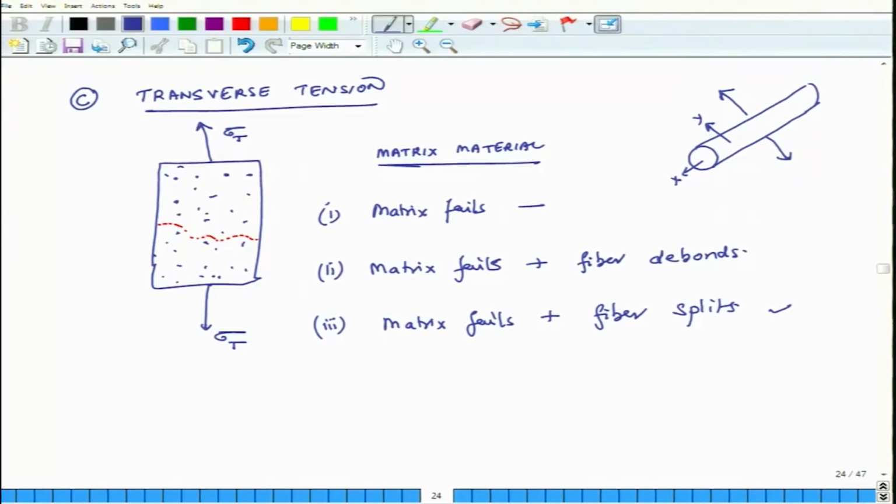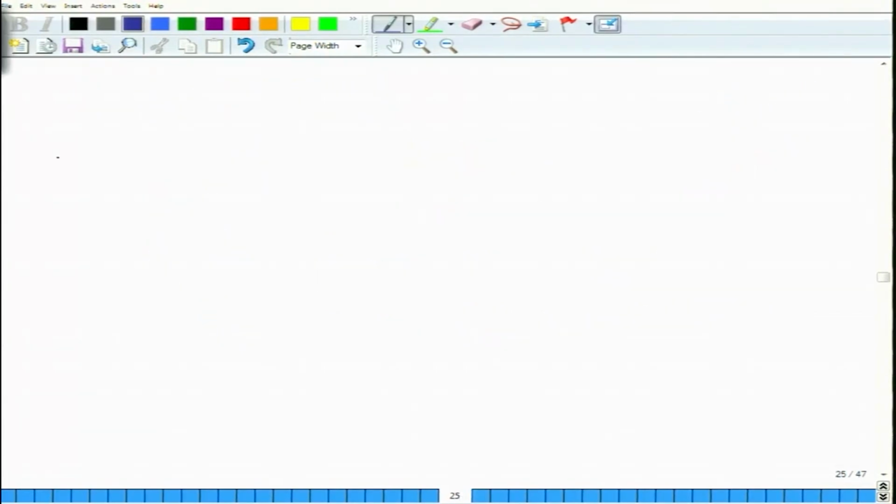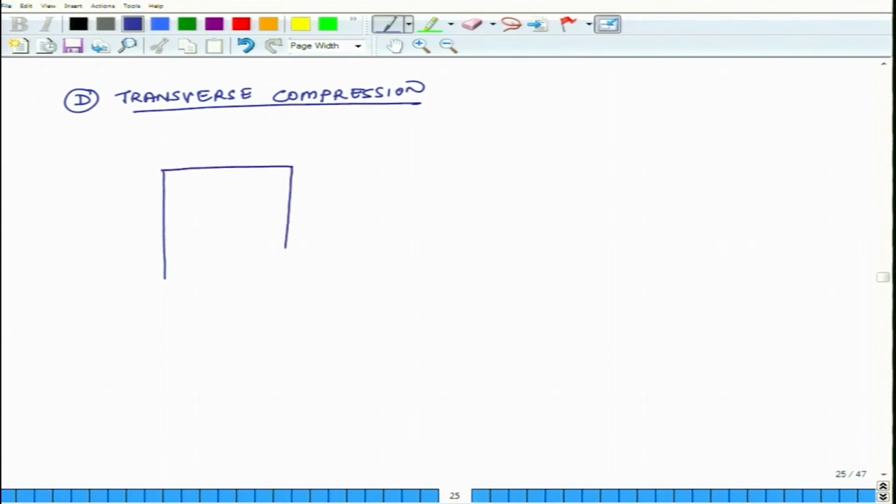So, this is the third case related to different loads. The next one is transverse compression. So, again let us see how it looks.